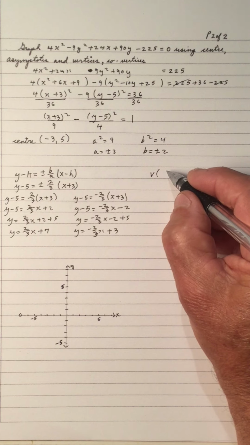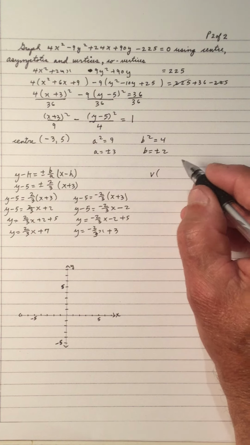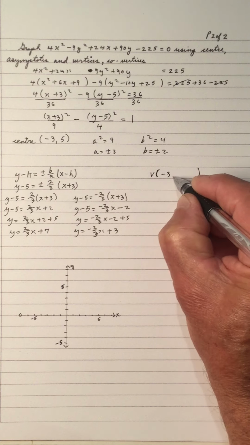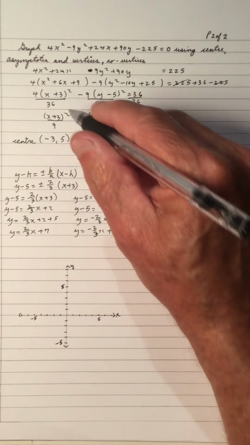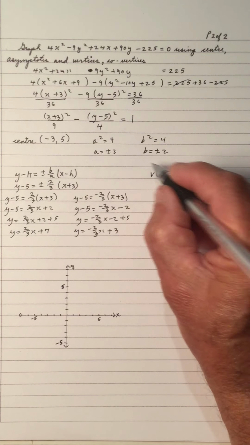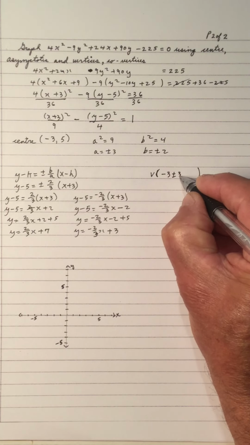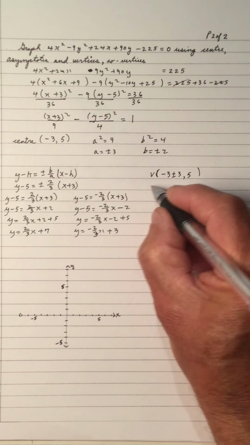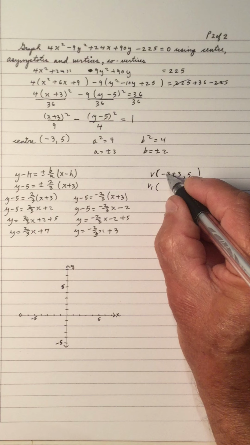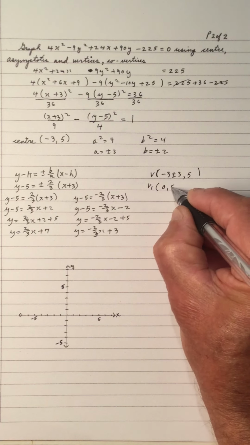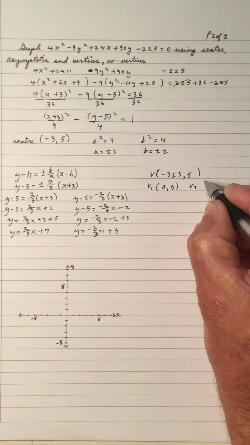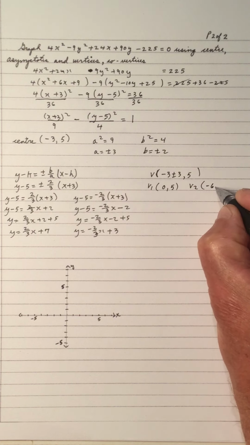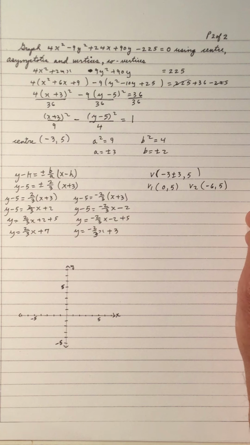So the vertices are negative 3, and the a is added because this is horizontal, so it's a plus or minus 3, 5. So vertex 1 is negative 3 plus 3 is 0, 5. Vertex 2 is negative 3 minus 3 is negative 6, 5.